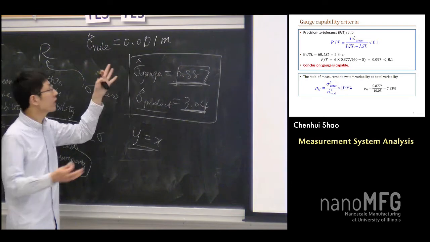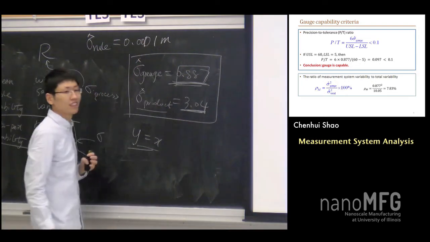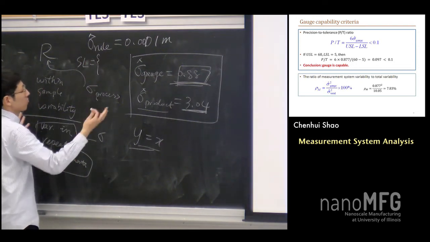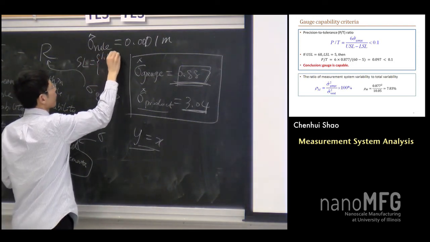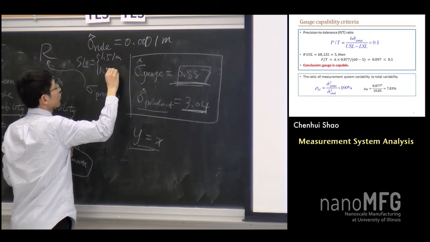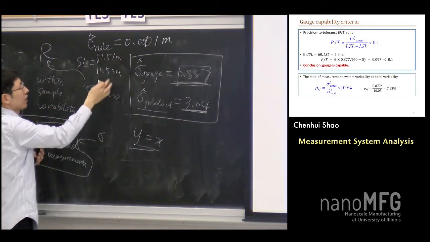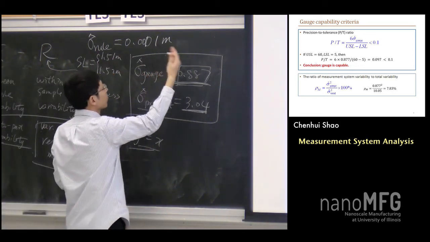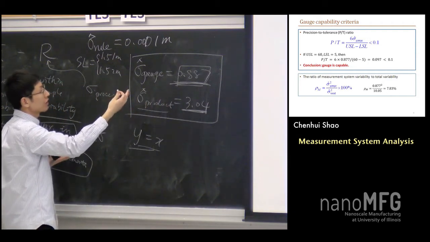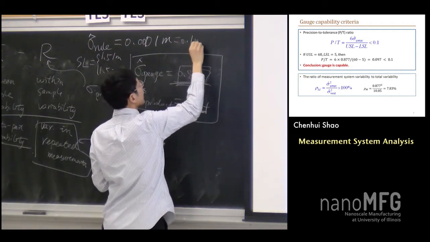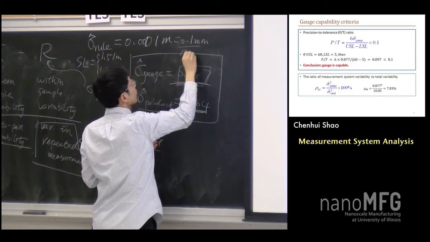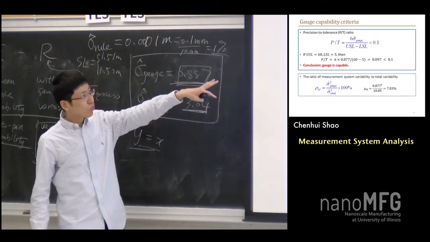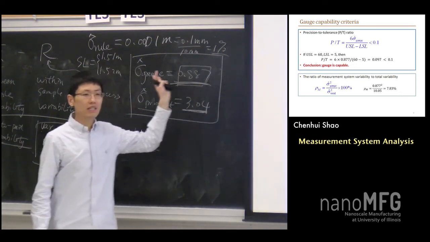So let's say my spec limits are 1.51 meter and 1.52 meter. So this is about 10 centimeters, right? You divide this by 10 centimeters, 10 millimeters. So this is 0.1 millimeter, is that right? Divided by 10 millimeter is only 1%. So it's way smaller than 0.1. So now this scale is pretty good.